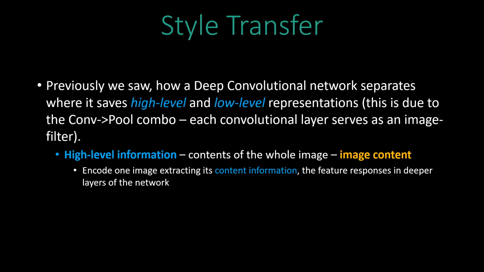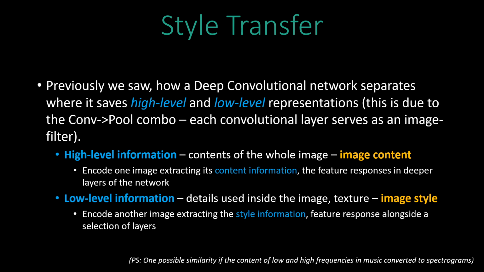So AlexNet, VGG, GoogleNet, all of those. And so the idea is that we can talk about image content if we encode an image and extract the information that occurs in the deeper layers of that network.